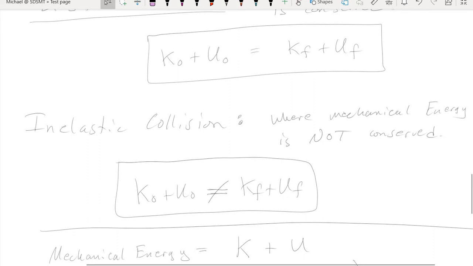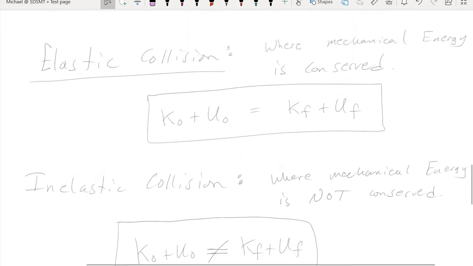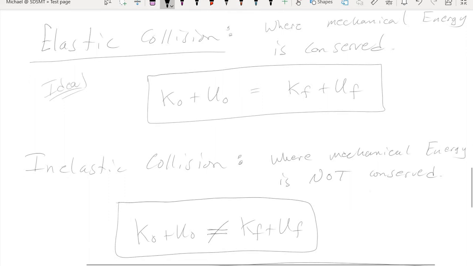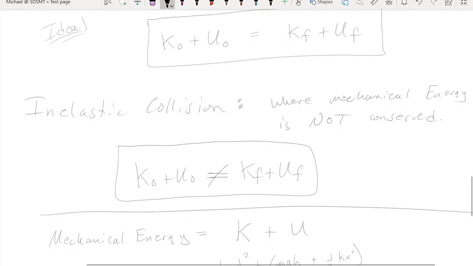Now, like I said, this elastic case, this is really an ideal scenario. We could use this as kind of an estimate of what's going to happen in a system, assuming that there's very little loss of mechanical energy during the collision. But this is the real world situation down here.